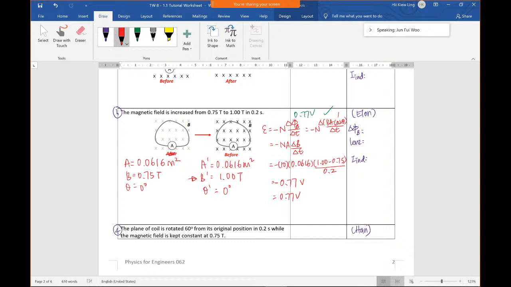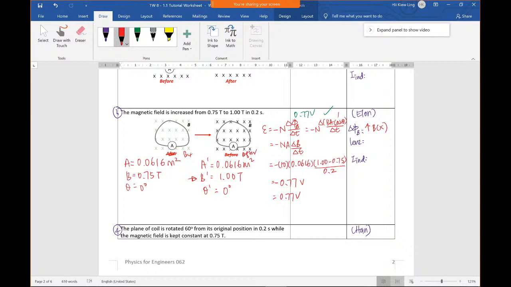This is before, this is after. When the magnetic field increases from 0.75 to 1 Tesla, it means the change is an increase in cross product, into the page.